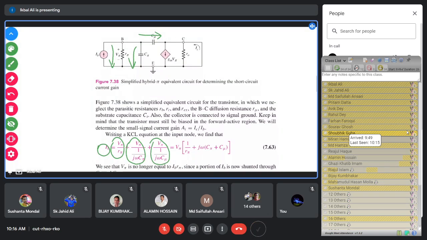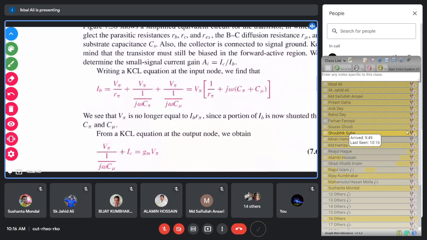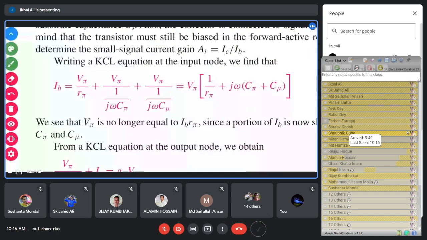So this is the KCL equation at node B, that is the input node of the transistor.